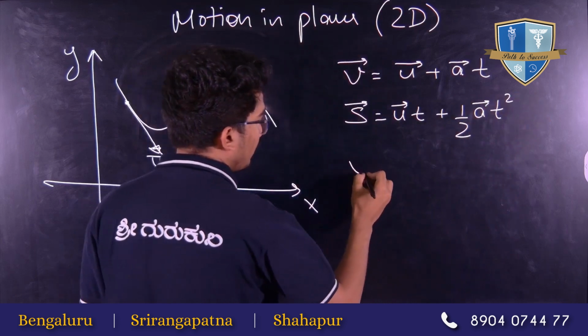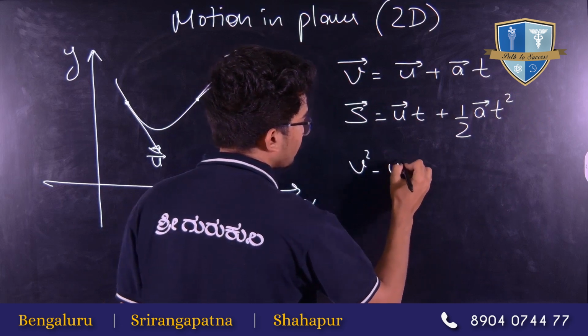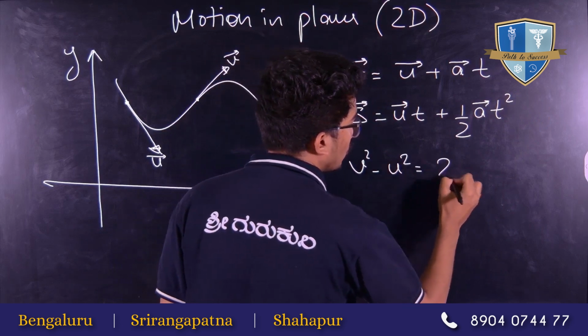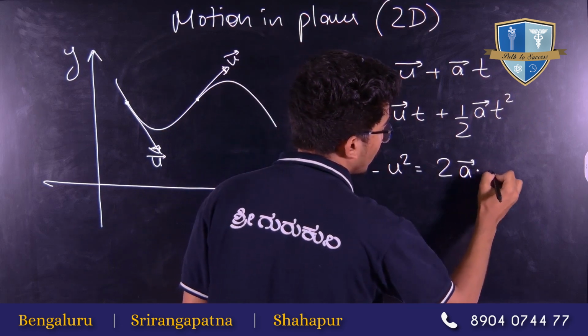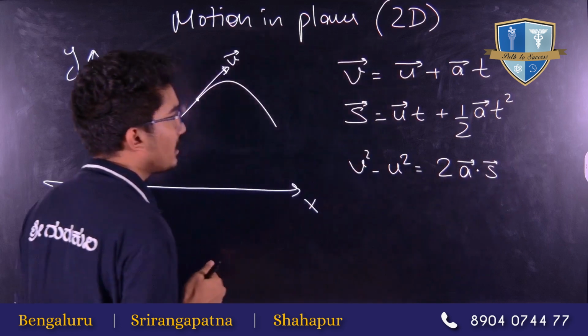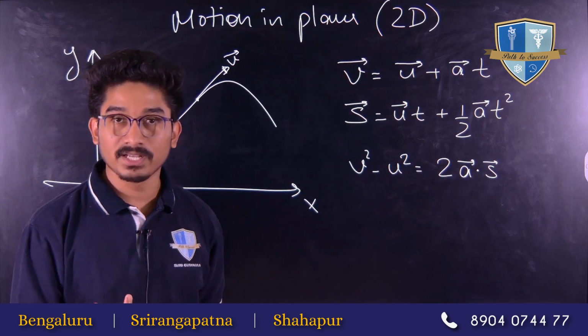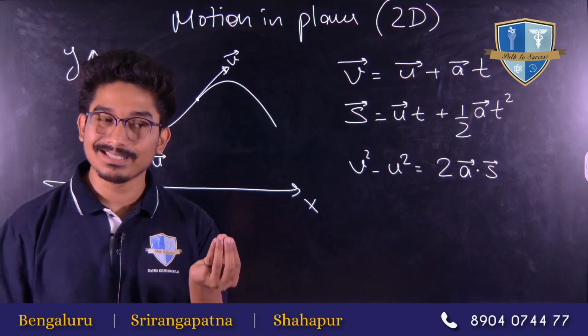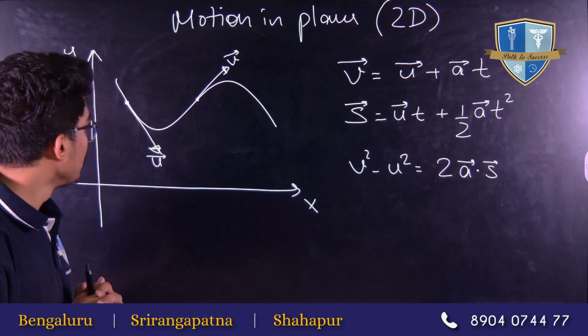And v square minus u square is equal to 2 a vector dot s vector. Right? So we will use these three formulas if in the question everything is given in vector form, that is, i cap or j cap form, correct? So this is the process.